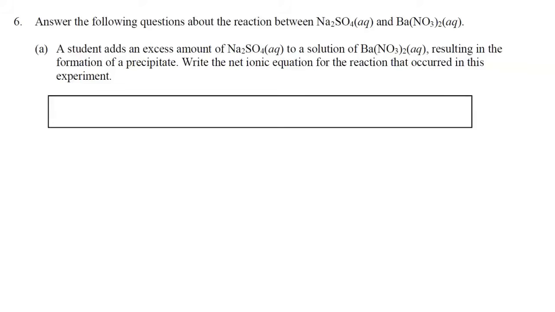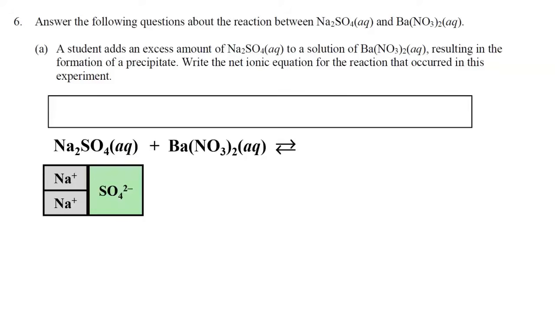So what I'm going to start with are the chemical formulas that we are given, which is sodium sulfate, Na2SO4, and barium nitrate, Ba(NO3)2. And so we have sodium, which is +1, as you know on the periodic table. Sodium's in group 1. We have 2 sodiums and 1 sulfate.